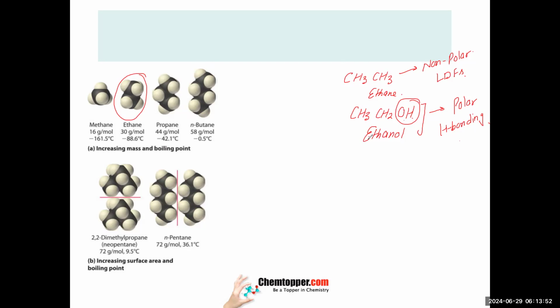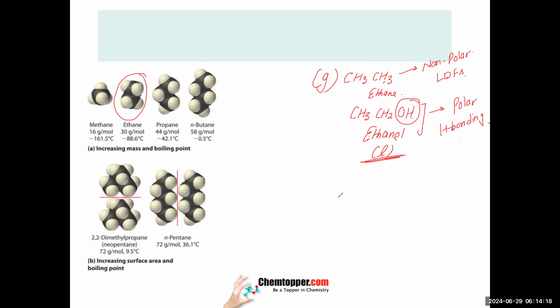So ethanol has higher boiling point. This is liquid. This is gas. This one is liquid, drinking alcohol. Ethanol is drinking alcohol. This is gas. Okay. Are they soluble in each other? Do you think ethane is soluble in ethanol? No.